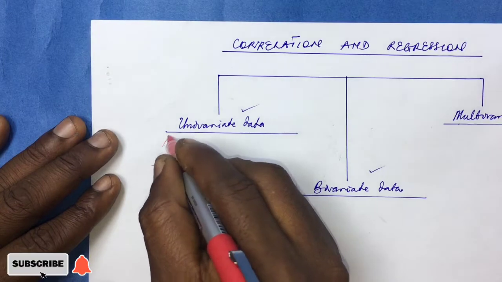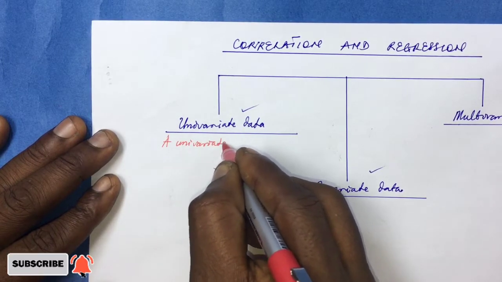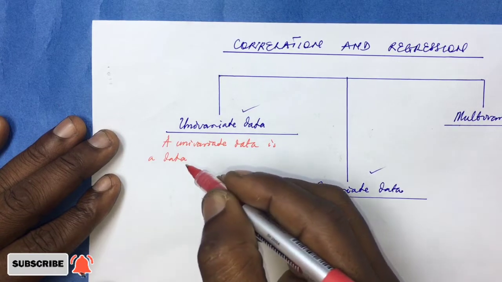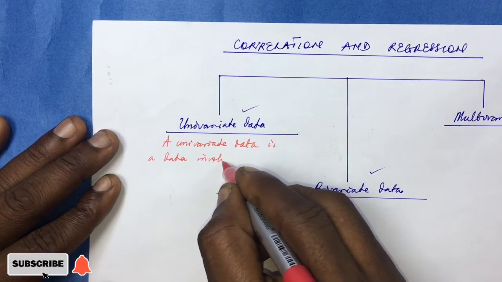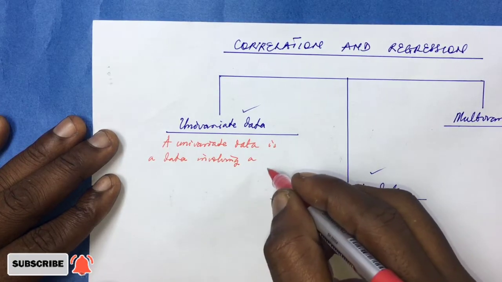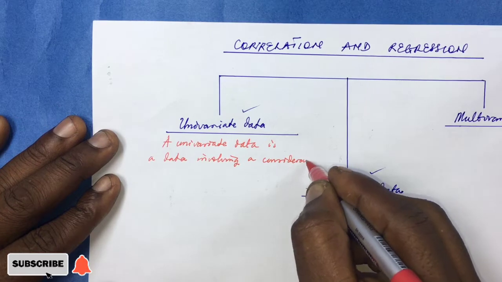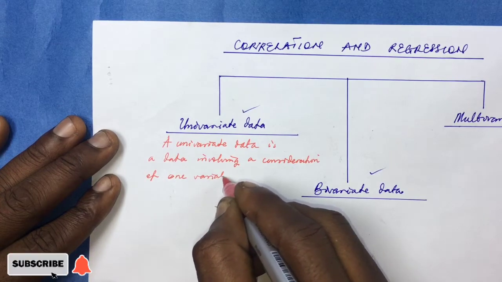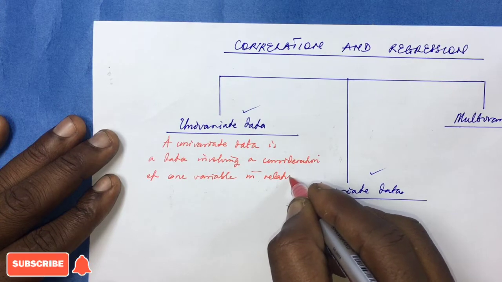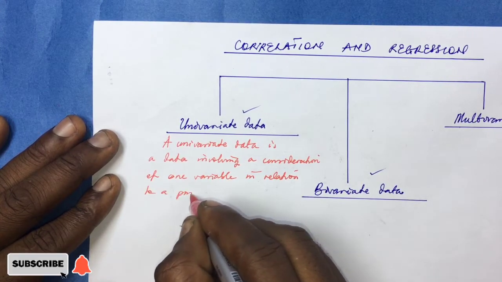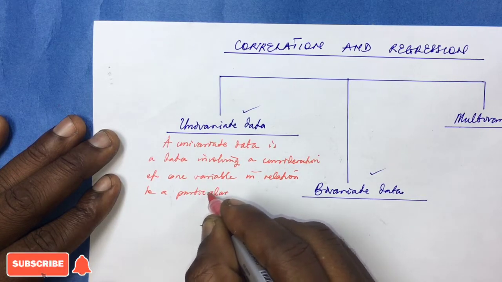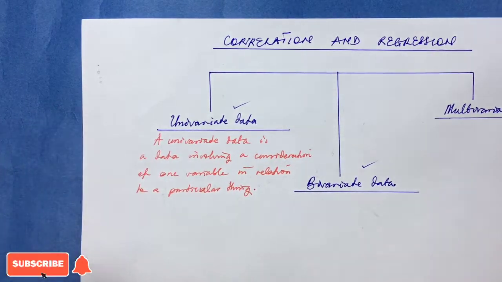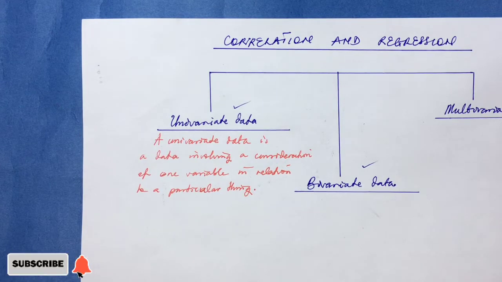What we call a univariate data is a data involving a consideration of one variable in relation to a particular thing.